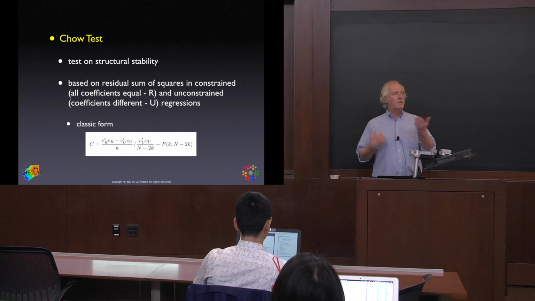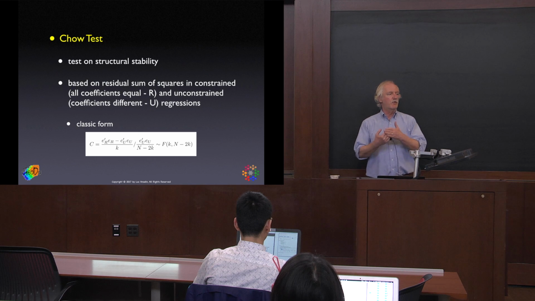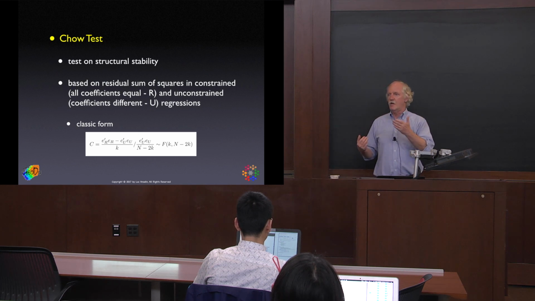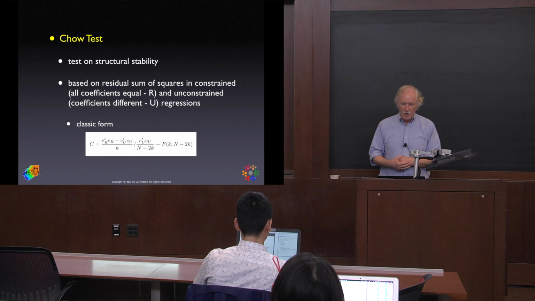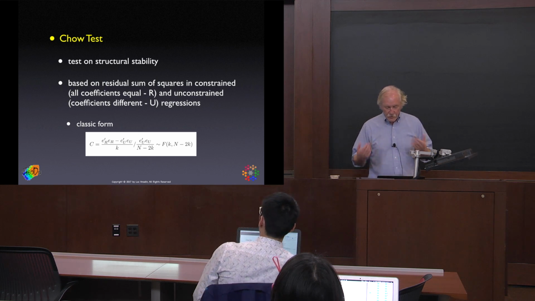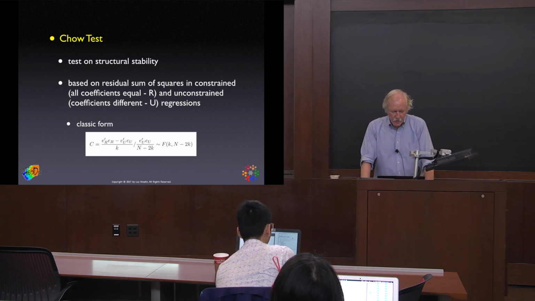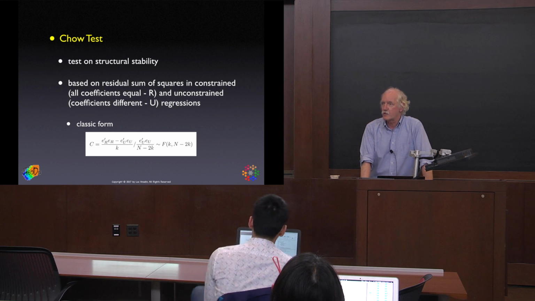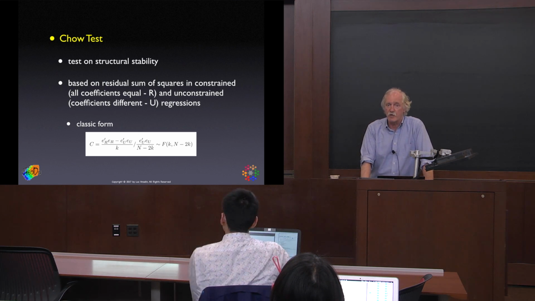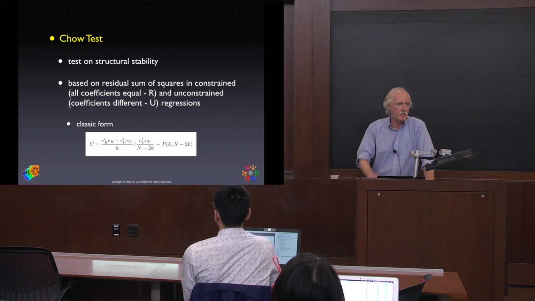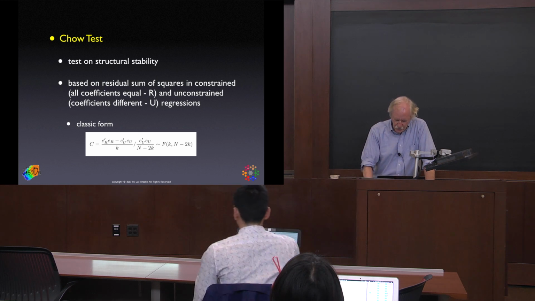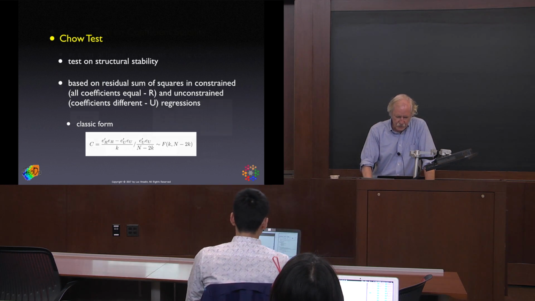Unrestricted is you let them be different in each of the subsets. So you run 2 regressions in our example, and then the test is basically derived from the residual sum of squares in these 2 situations. So this is a classic Chow test as an F statistic.